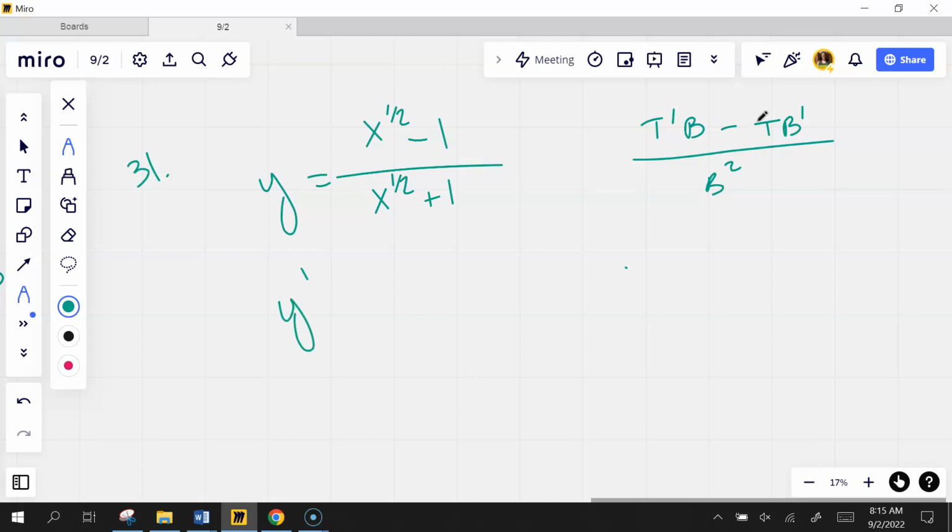So I get derivative of the top. I'm going to bring it around, so that would be 1/2 x, and then subtract 1. 1/2 minus 1 is negative 1/2.